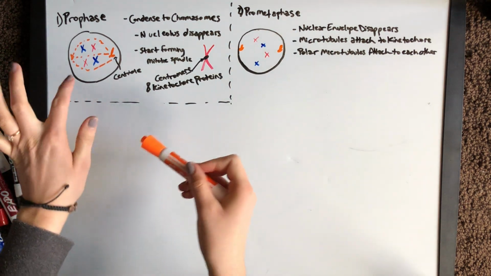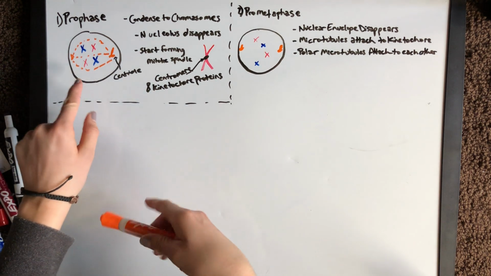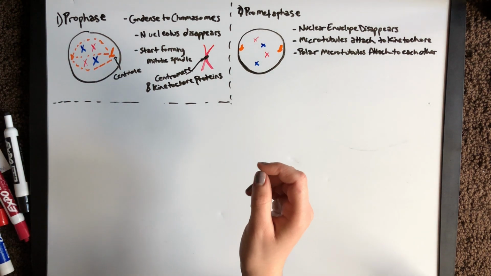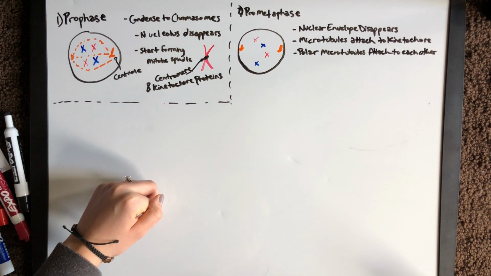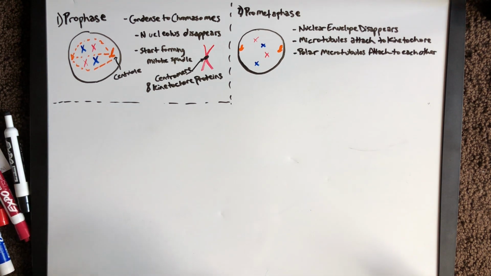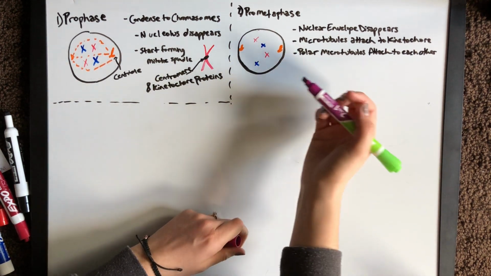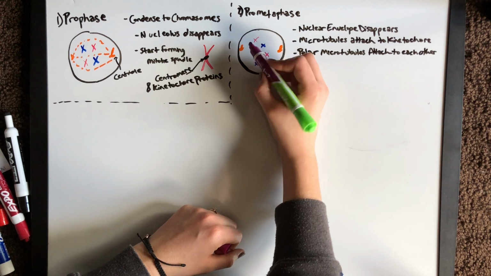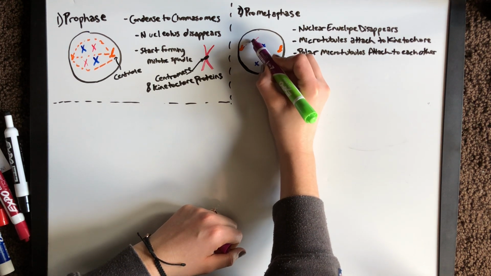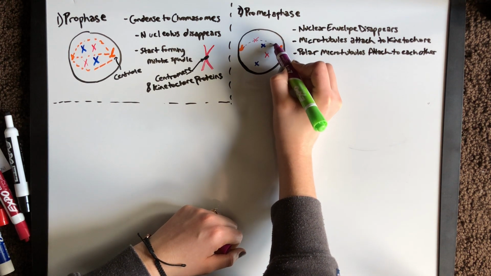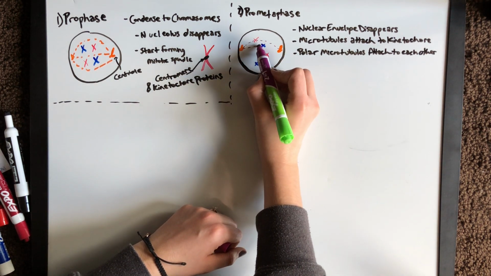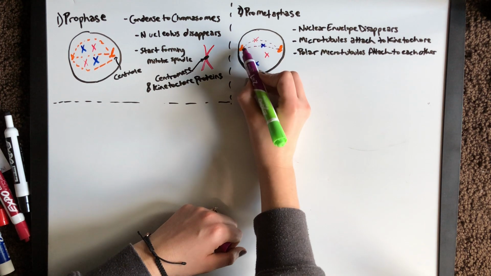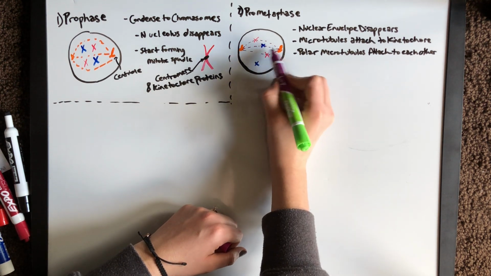I just drew the microtubules in a generic orange color in our prophase, but we're going to color code our microtubules now. Our purple is going to be the kinetochore microtubules. The kinetochore microtubules attach directly onto that kinetochore protein that we said was in the middle of the chromosomes. So the kinetochore microtubule is going to go to the chromosomes.